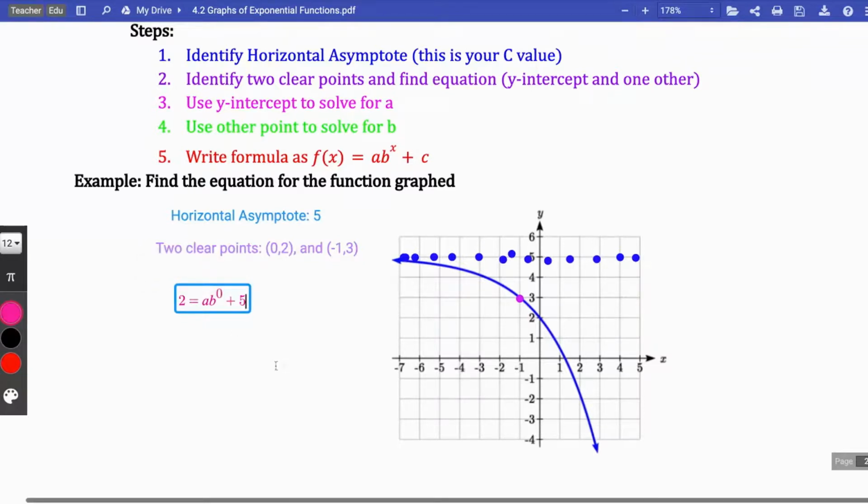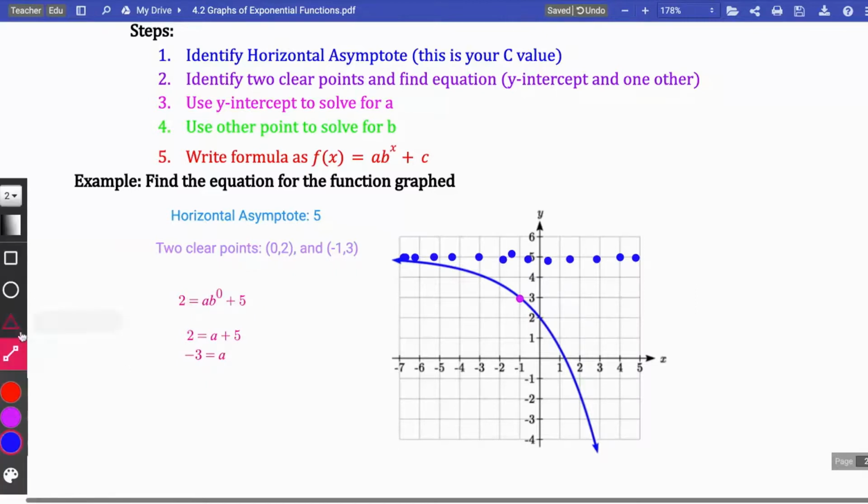Okay? So remember, b to the 0 is just 1. So I have 2 equals a plus 5. And if I subtract 5 from both sides, I'm going to have negative 3 is equal to a. So I have my a value. So we're pretty good. I'm going to go ahead and box that just so that way I know that I got one of the numbers that I need for my equation.